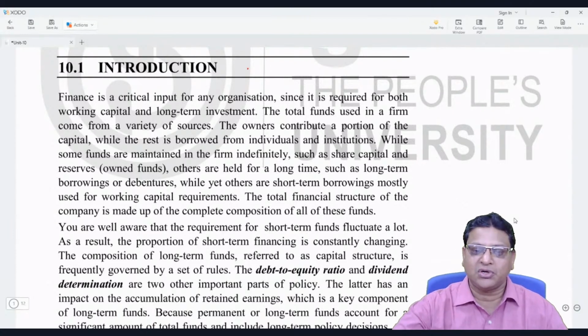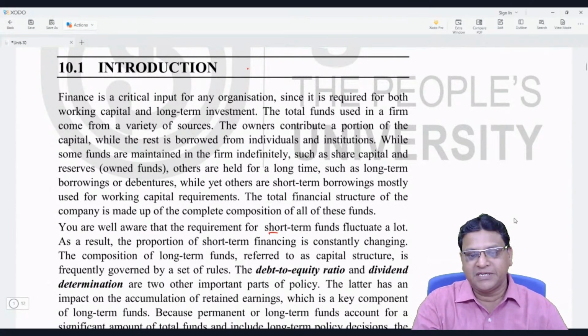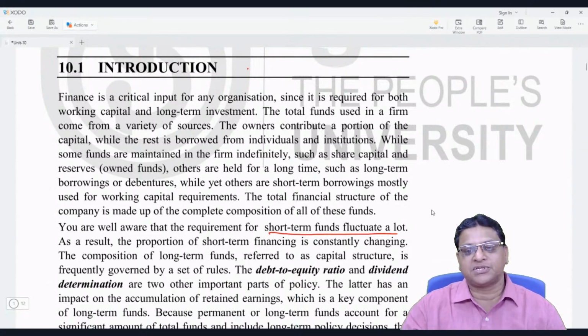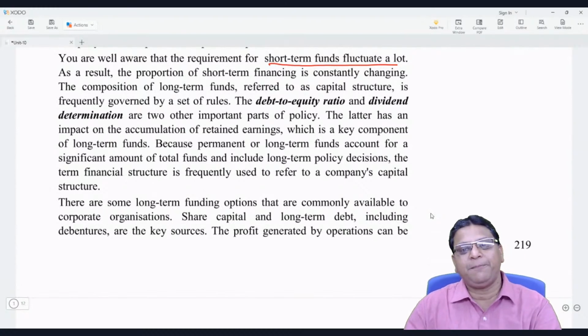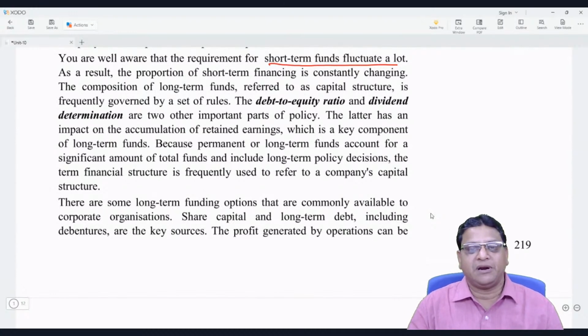Friends, the short-term funds usually fluctuate a lot. It means short-term funds requirement differs from period to period. In our previous class discussion, short-term funds are required for working capital financing. We have discussed that working capital requirement of an organization differs from period to period.